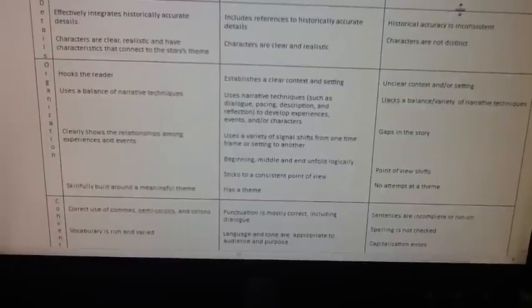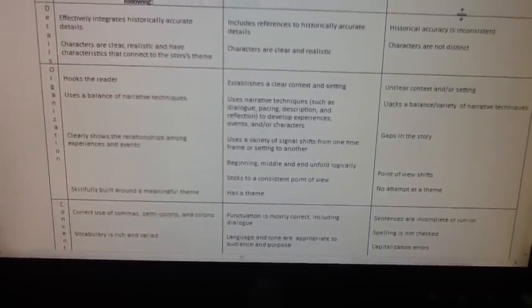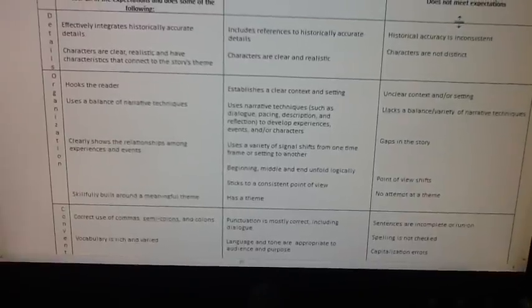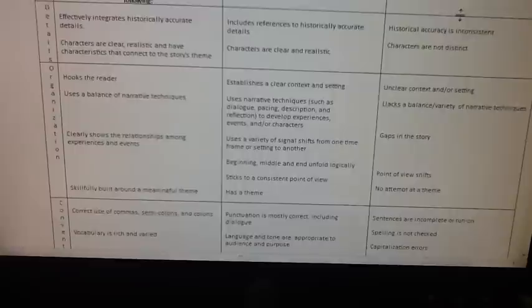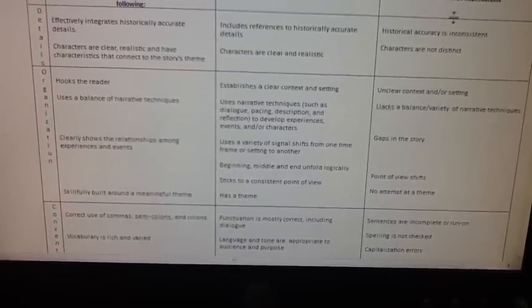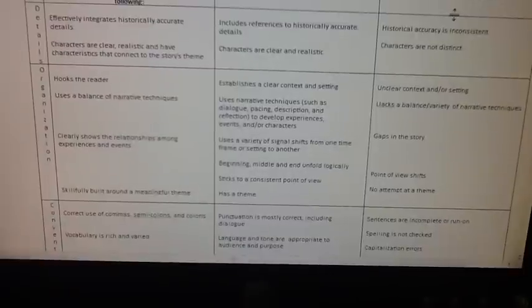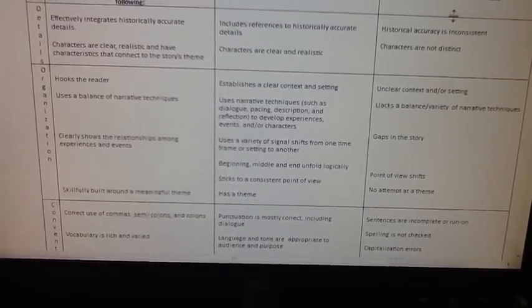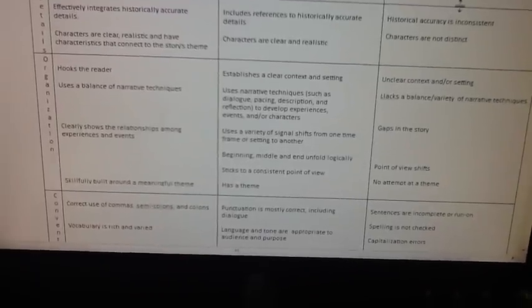They follow from one to the other without any crazy jumps or illogical changes. Stick to a consistent point of view. You're either going to tell this from one character's point of view or from a third-person narration point of view, from outside the story. Whatever you do, don't switch back and forth.